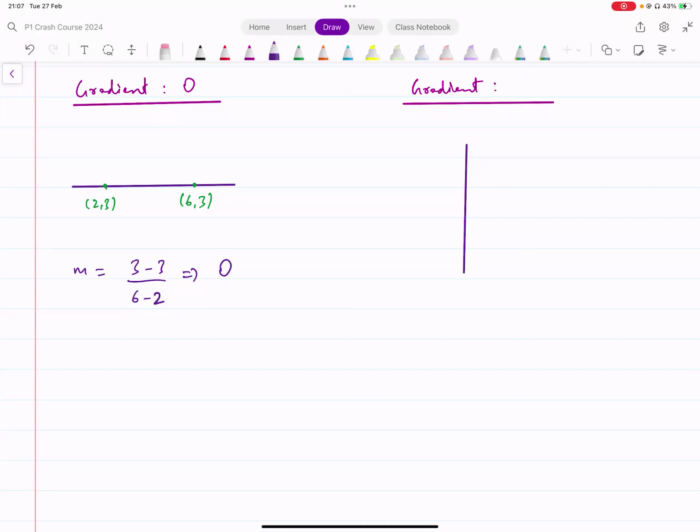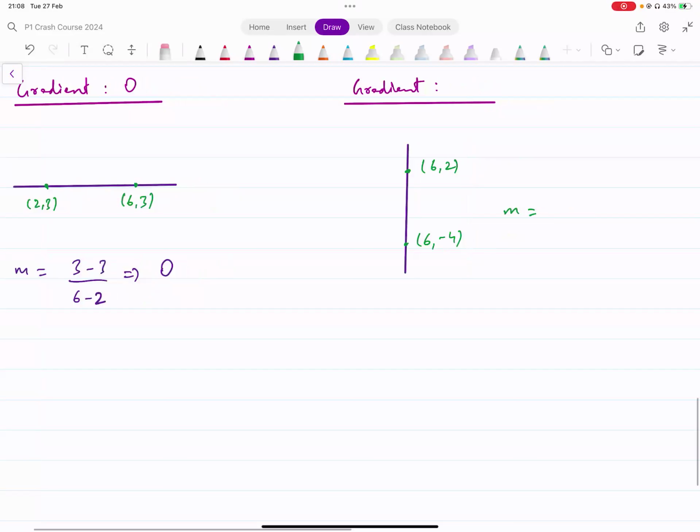So what happens when denominator is 0? Let's take 2 points here, for instance. Let's say this point is (6, 2). You have another point here. Now the x coordinate is going to be the same here, and the y coordinate could be, let's say, -4. How do you find the gradient?